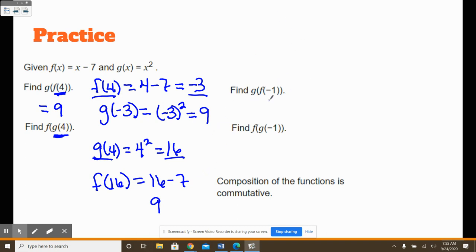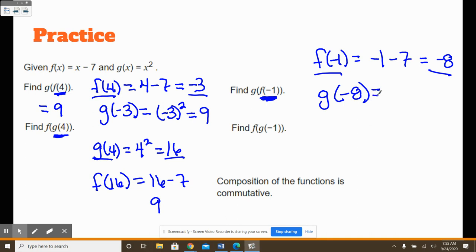g of f of negative 1. Well, what is f of negative 1? Negative 1 minus 7 is negative 8. f of negative 1 is negative 8. So now I will plug that into the function. I have g of negative 8. x squared, plug it in parentheses. Negative 8 squared is 64.